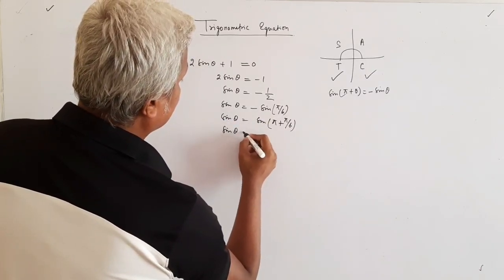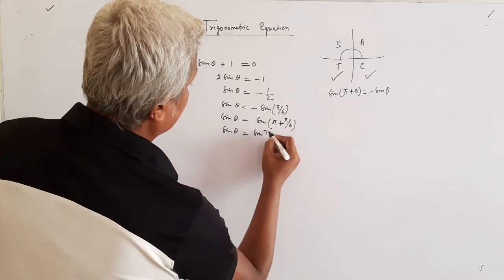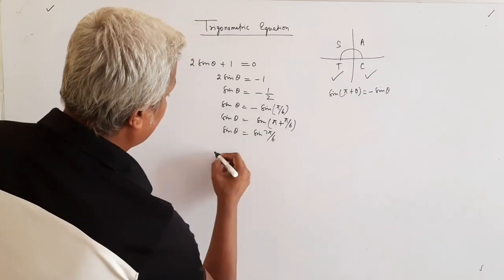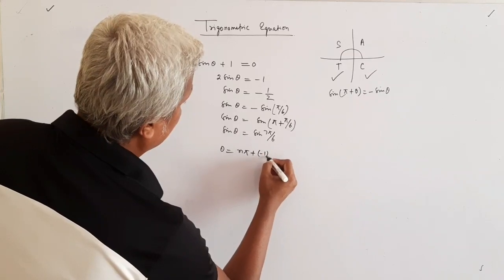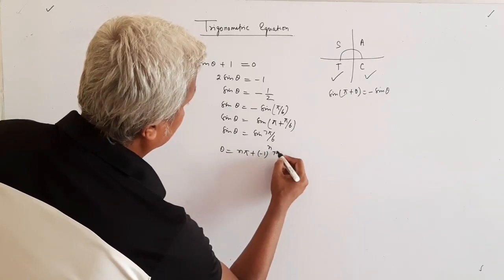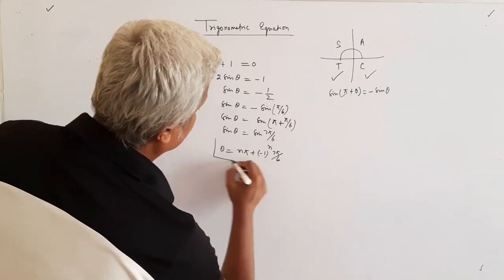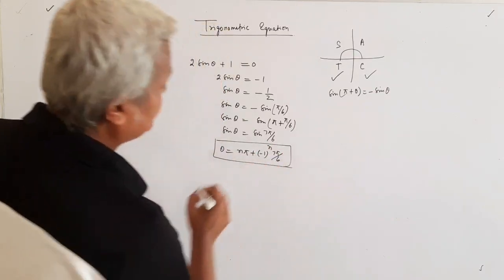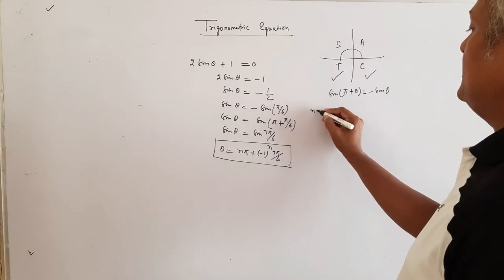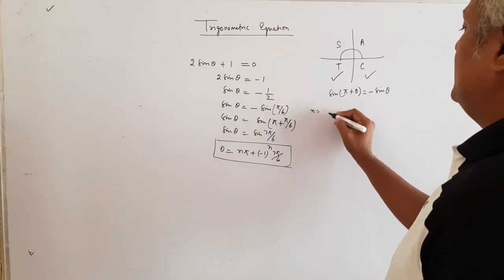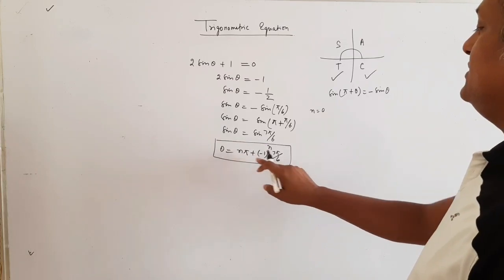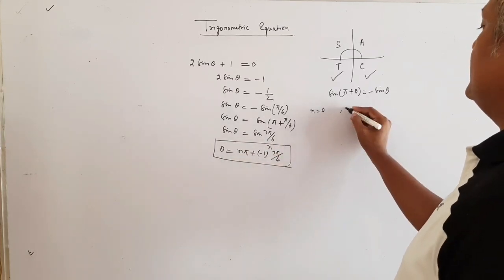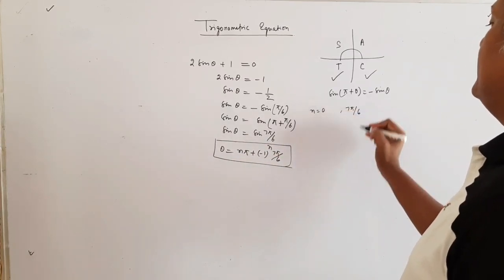So this sine theta is sine 7 pi over 6, and then we have the relation theta equals n pi plus minus 1 whole to the power n times 7 pi by 6. Now since n is an integer value, suppose I put n as 0, then this is 0, this is gone, so the first value I'm getting is 7 pi by 6.